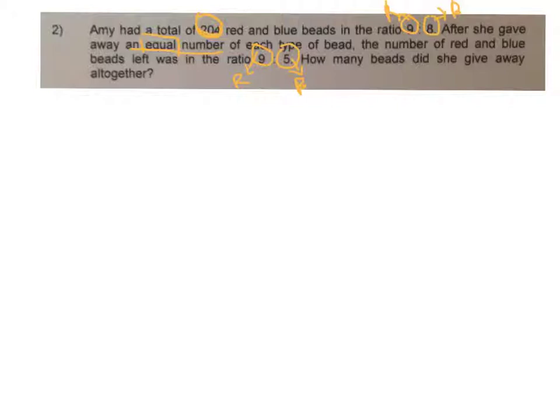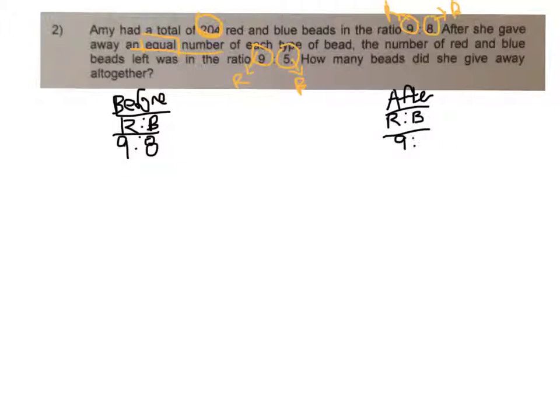Well, let us start by writing out the before and after ratio. So before and after. Before, red is to blue, and that will give me 9:8. And for after scenario, red is to blue, that will give me 9:5.